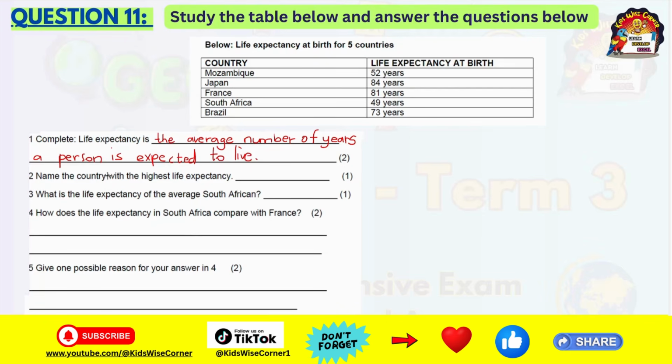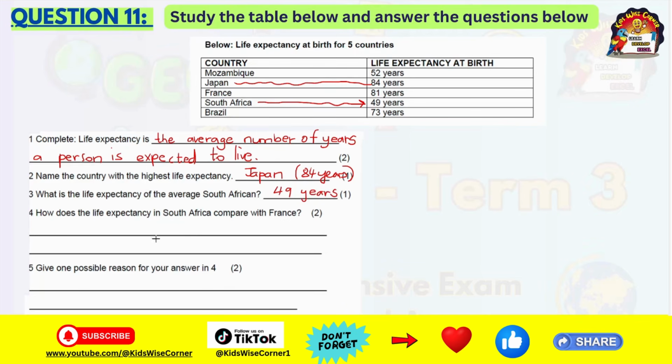Name the country with the highest life expectancy. So the country with the highest life expectancy is Japan. And how many years is Japan? 84 years. What is the life expectancy of the average South African? The life expectancy of a South African is 49 years.